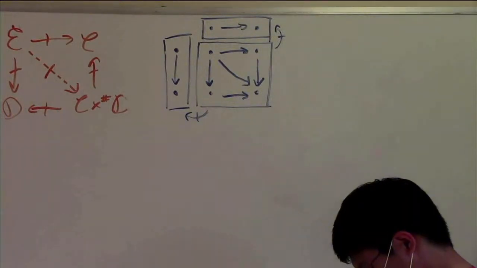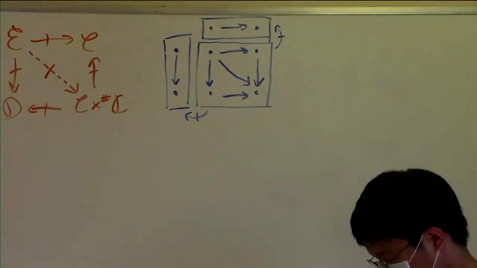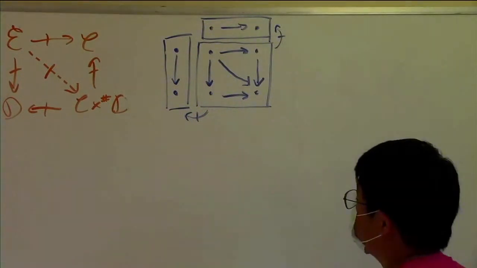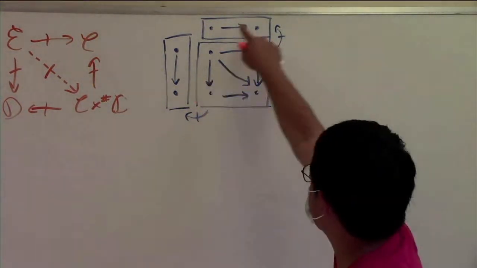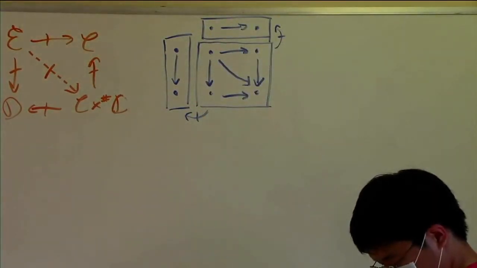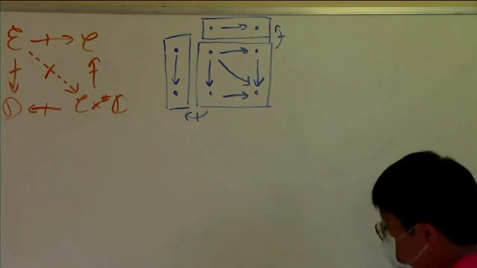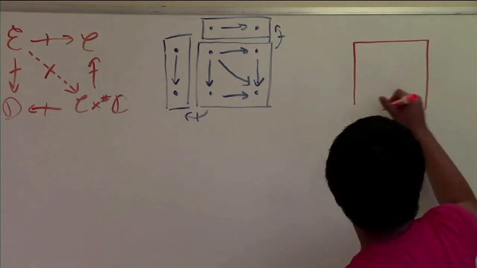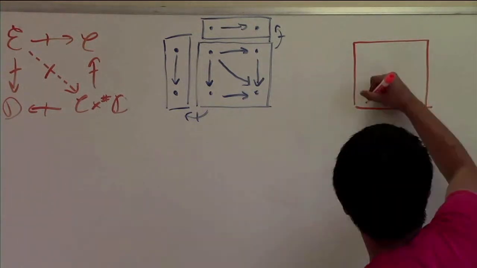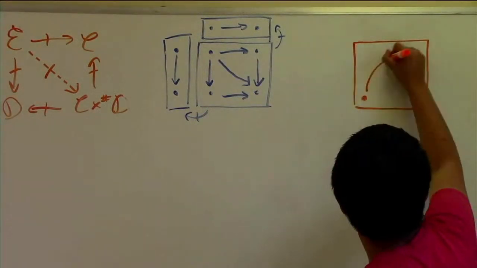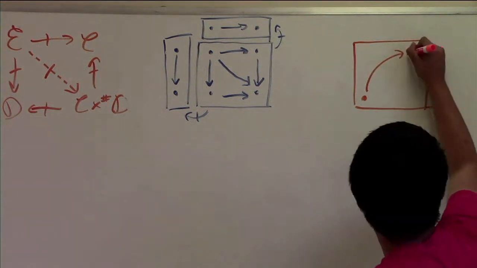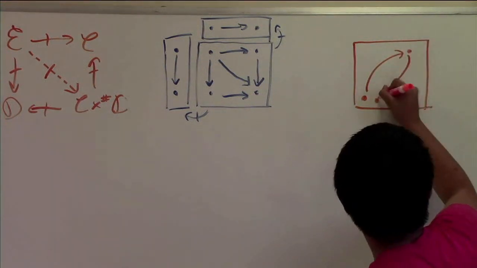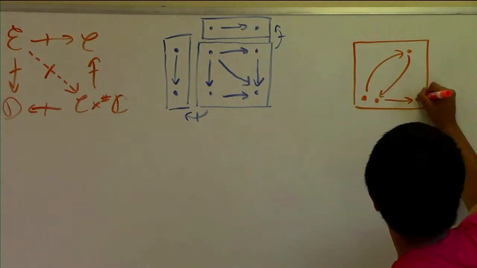OK. Now, we're going to say, is this the product? Well, let's find some other category that's going to have two cofunctors into each of these and see if it matches up with what we want. So I'm going to draw something here. And this is a rather strange-looking category.